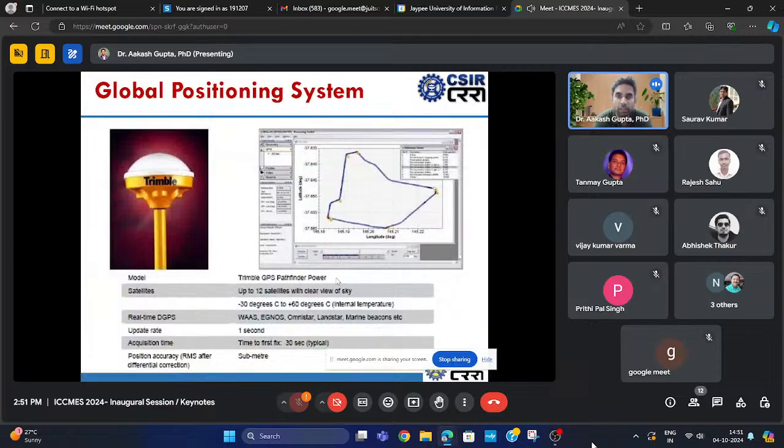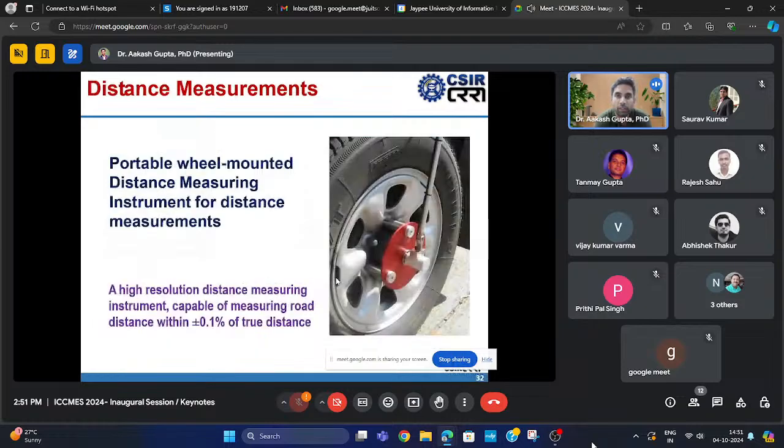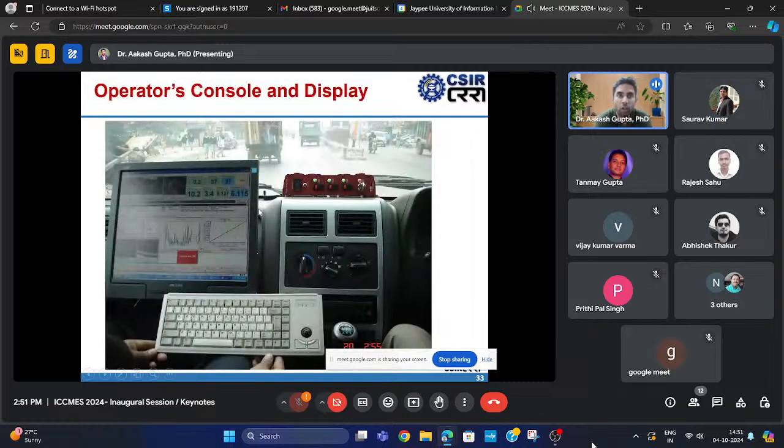So very accurate measurement is there. This is the GPS system which is installed at the top, which is very useful to locate any kind of distress. And obviously all the data is collected with distance. One DMI is also there, which is installed at one of the wheels. And this is the operator's console. This is the front portion of the vehicle.